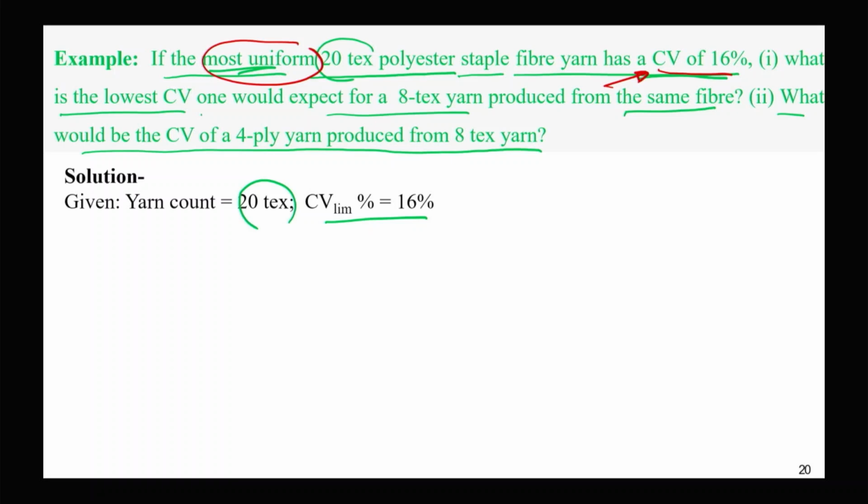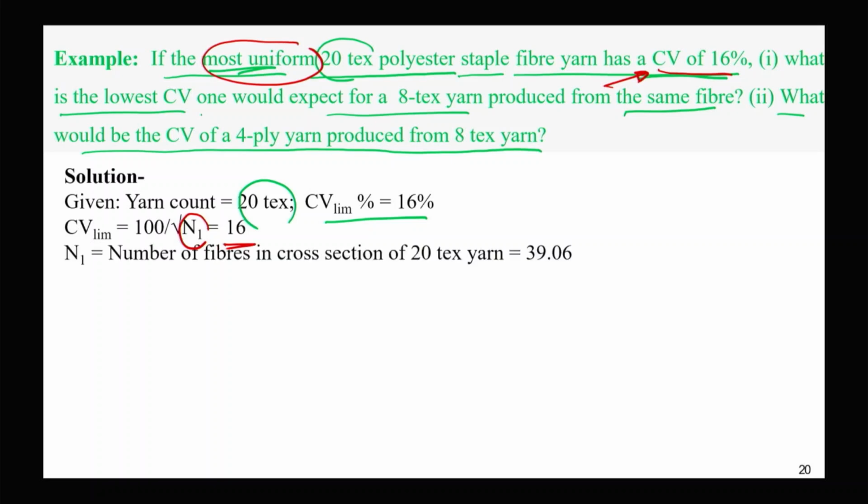From there we can calculate the number of fibers. So number of fibers is N1, and from this relationship we can calculate the number of fibers here. Number of fibers is 39.06, so approximately 39 fibers are there.